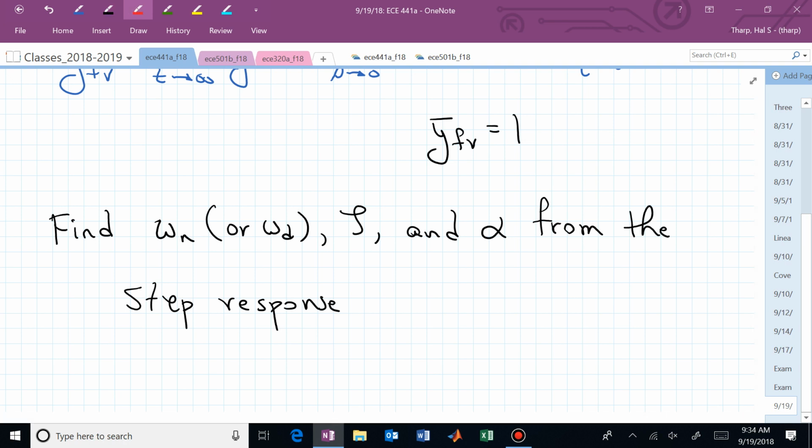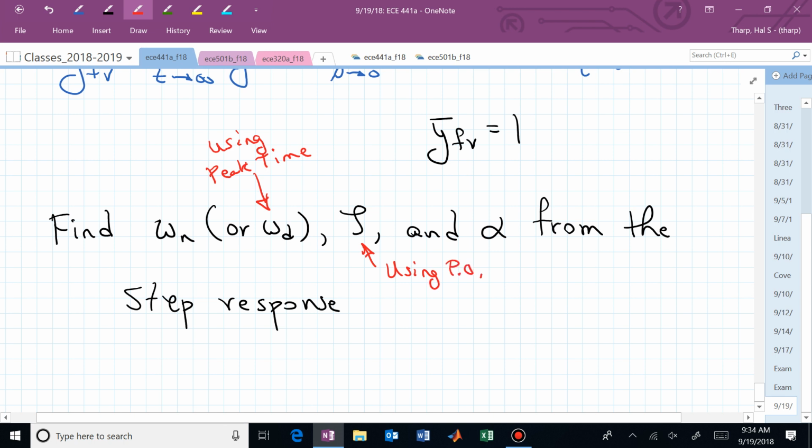And what we're going to use or realize is this omega d, we are going to connect or find using the peak time. We're going to find this damping ratio zeta using the percent overshoot, and we're going to find this alpha, maybe not using the y bar's final value, but the y's final value.